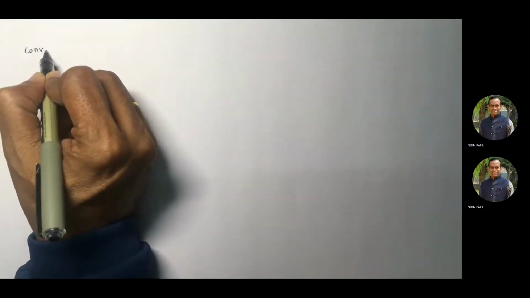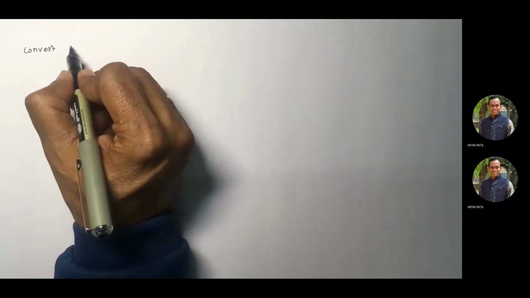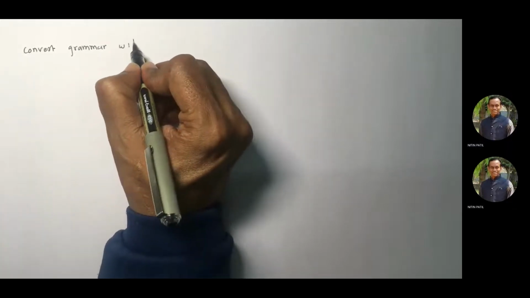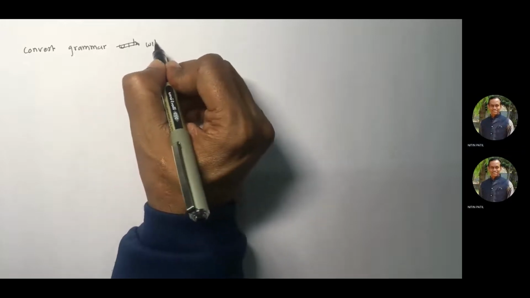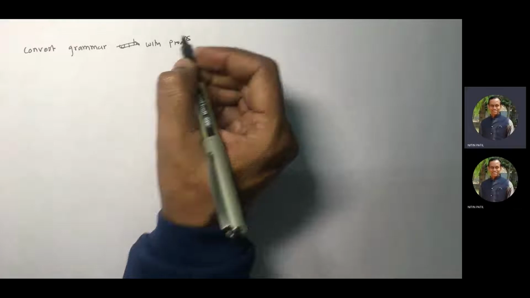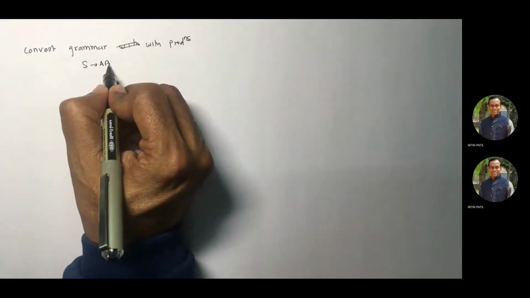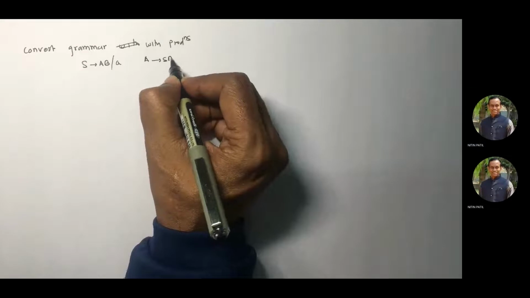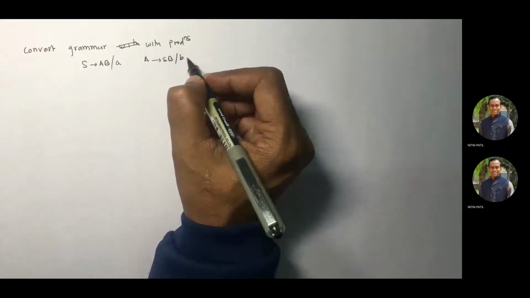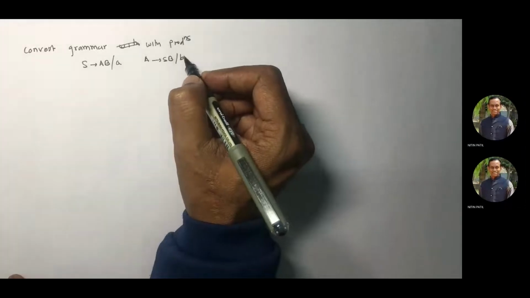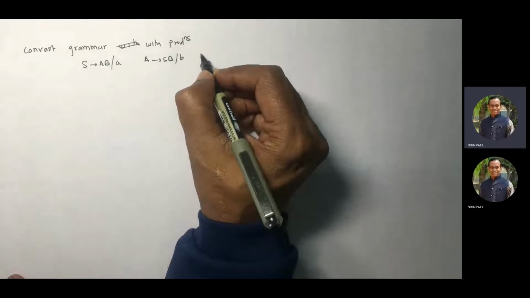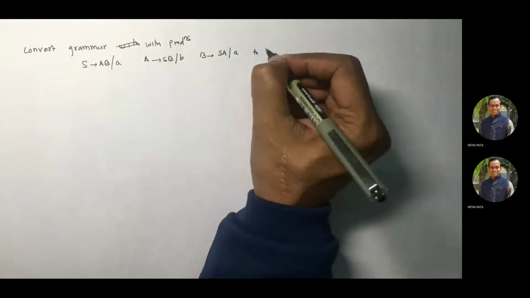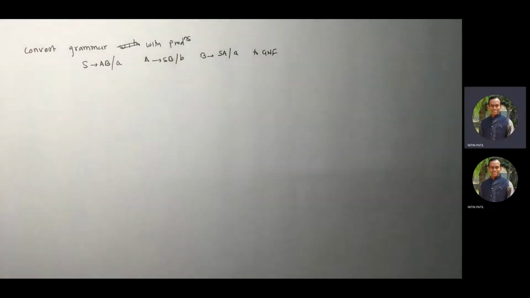So convert the grammar with productions S gives AB or A gives SB, B, and B gives SA, A to GNF. Now, how exactly do you convert this?